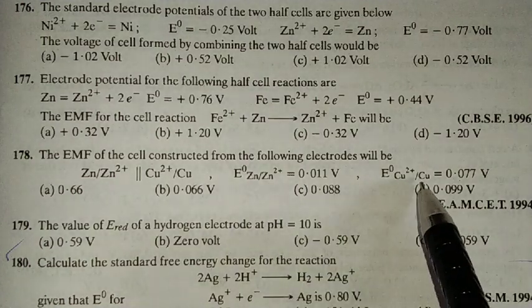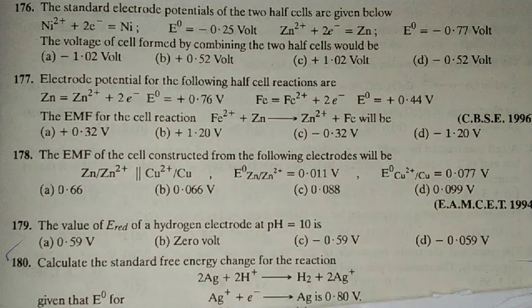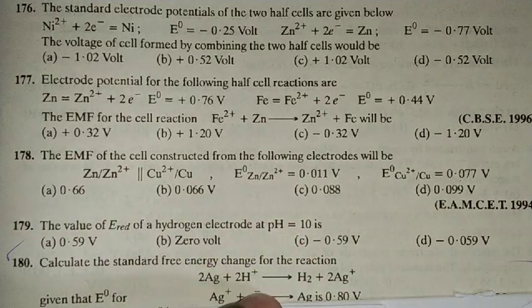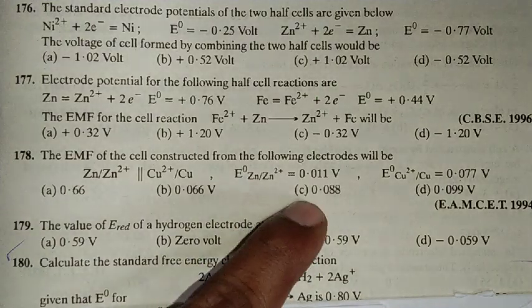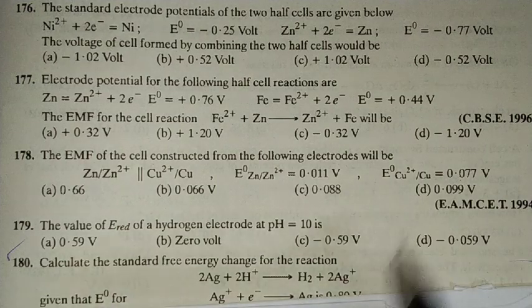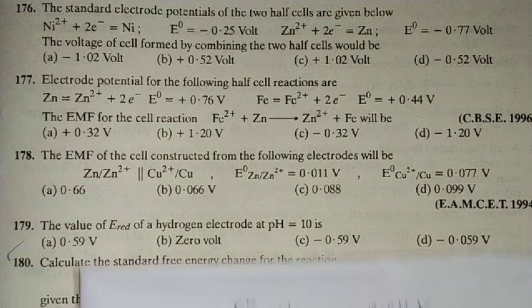E naught of Cu plus 2 by Cu is a reduction potential. That is why we first convert E naught of Zn by Zn plus 2, and we can write it as Zn plus 2 by Zn equal to minus 0.011. Is it okay? Now E naught of Cu plus 2 by Cu equal to plus 0.077 volts.